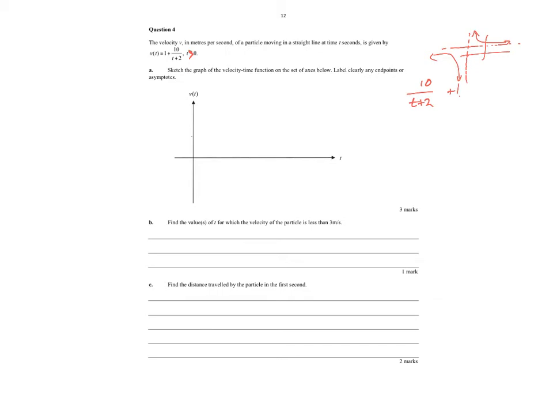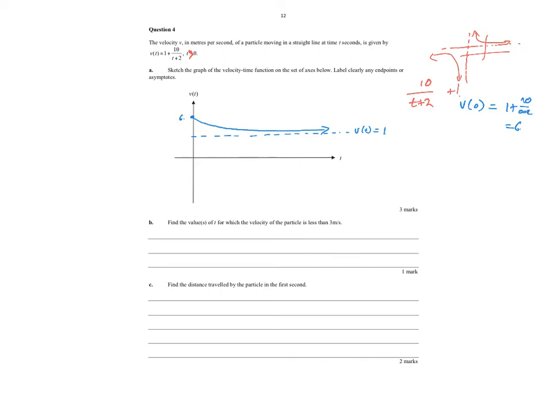So let's put our asymptote in, and that's going to be the line v of t equaling 1. We're going to have a v-intercept, so at t equal to 0, v of 0 is equal to 1 plus 10 over 0 plus 2, which is equal to 6. So I'll put 6 there, and our graph is going to approach the line there.